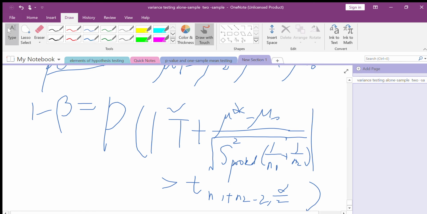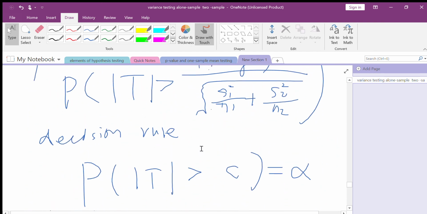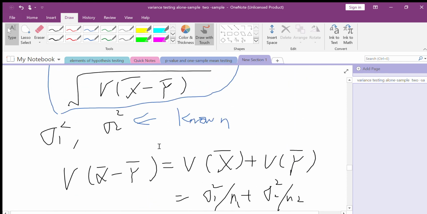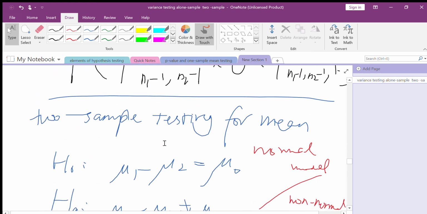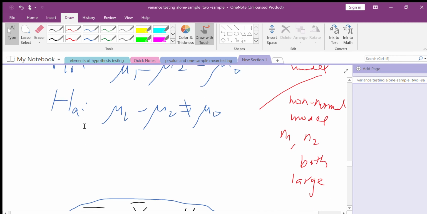Okay, let's do a quick review for this testing problem. The second topic of today's lecture is to perform hypothesis testing about two-sample mean. The hypothesis we're interested in testing is mu1 minus mu2 equals mu 0, and the alternative hypothesis is mu1 minus mu2 not equal to mu 0.